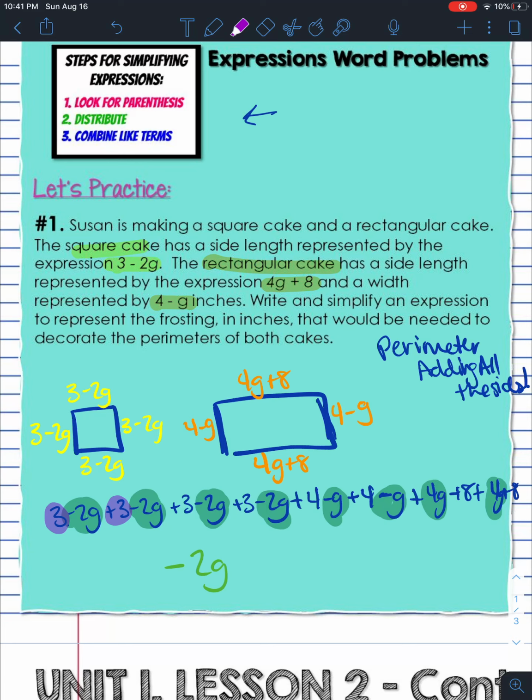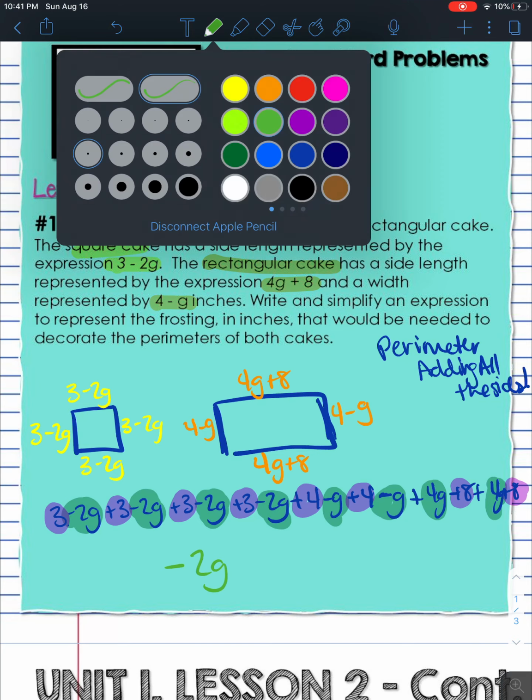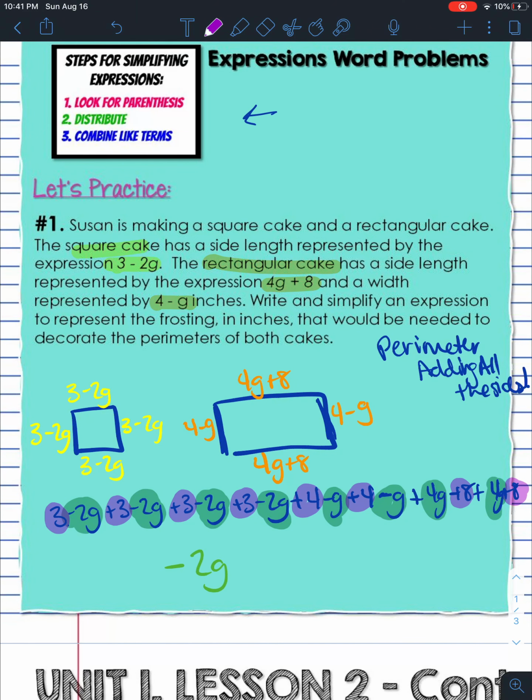And then I have this positive 3, a positive 3, positive 3, positive 3, positive 4, positive 4, positive 8, and positive 8. So I'm going to have a pretty good number here. We have 3 plus 3 is 6, plus 3 more is 9, plus 3 more is 12.